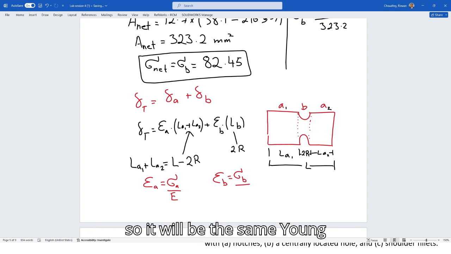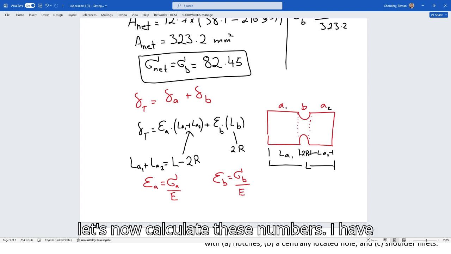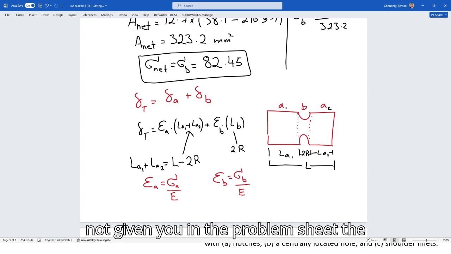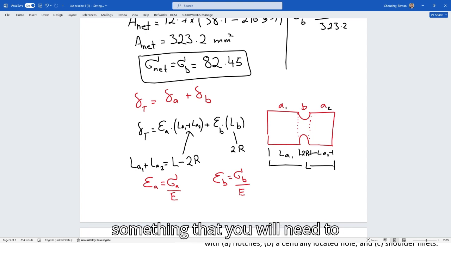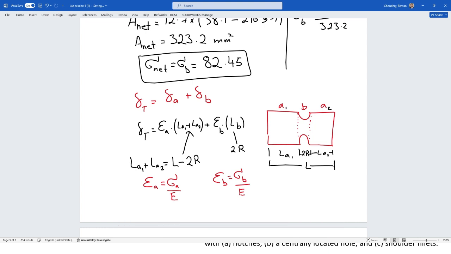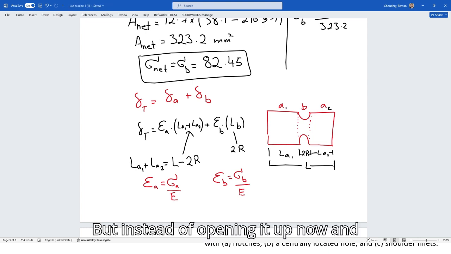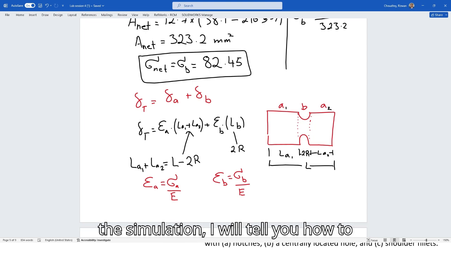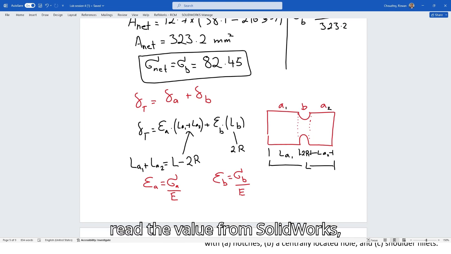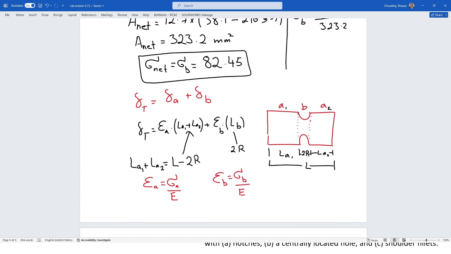So let's now calculate these numbers. I have not given you the value of the Young modulus in the problem sheet, so you will need to look it up from SolidWorks. When I actually start the simulation, I'll tell you how to read the value from SolidWorks, okay?